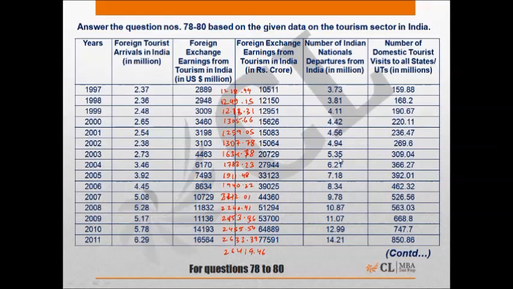In this set, the given table gives information about some parameters related to tourism. The first column in the table shows years, and the second column shows foreign tourist arrivals in India in millions. So we can find the number of tourists who came to India in any of the years from 1997 to 2011.